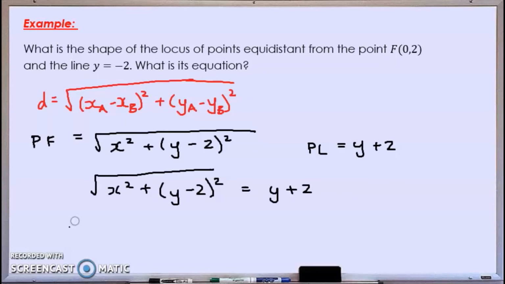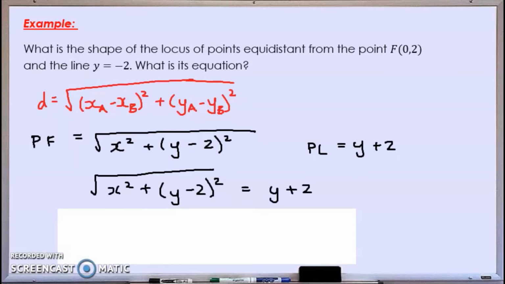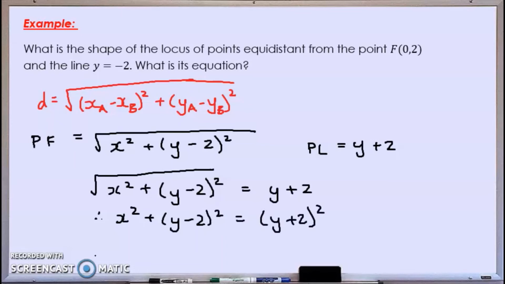To deal with this square root, let's square both sides and we'll get x squared plus y minus 2 all squared equals y plus 2 all squared. And then let's expand these brackets.